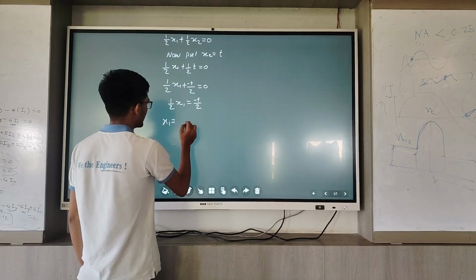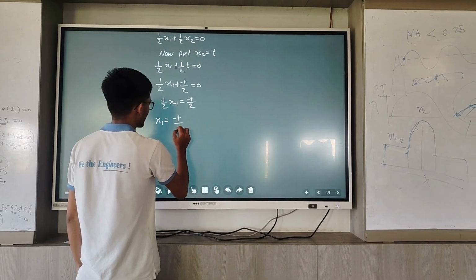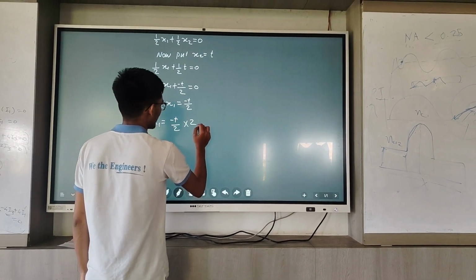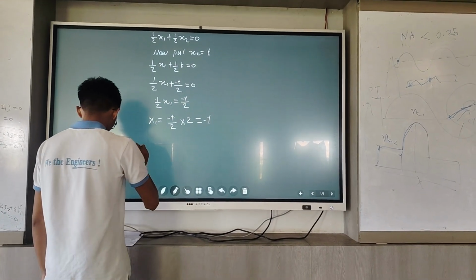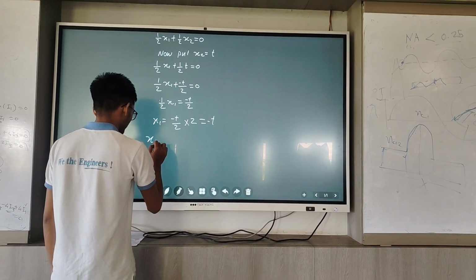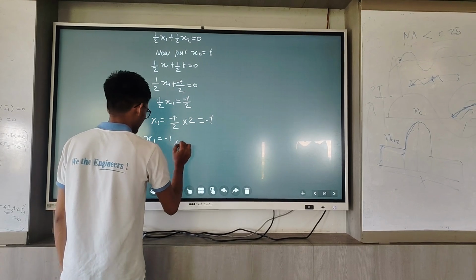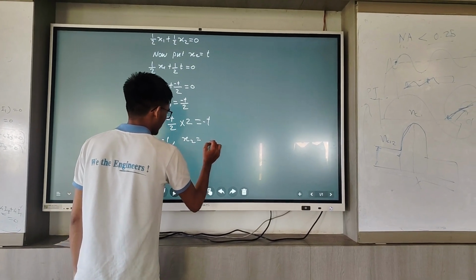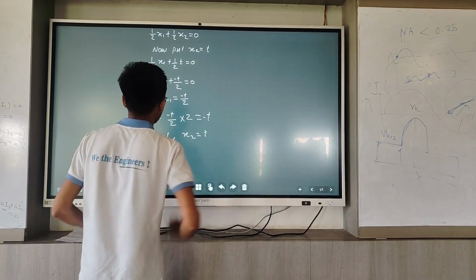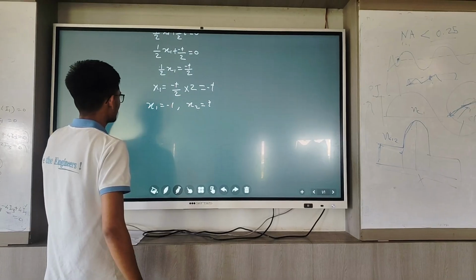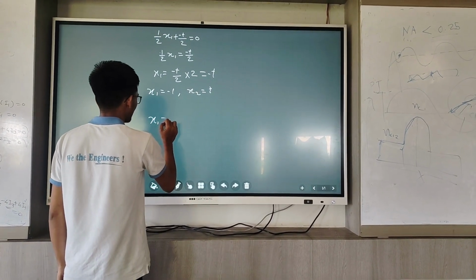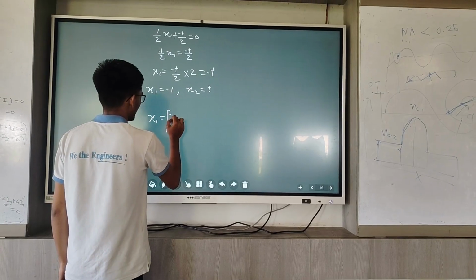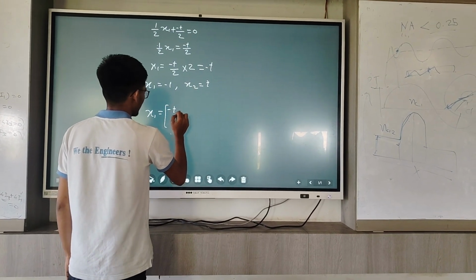So x1 is equal to minus t upon 2 into 2 is equal to minus t. So we write here x1 is equal to minus t, comma x2 is equal to t.